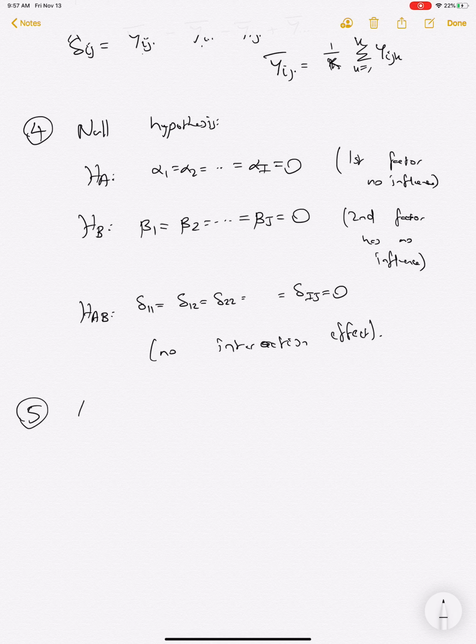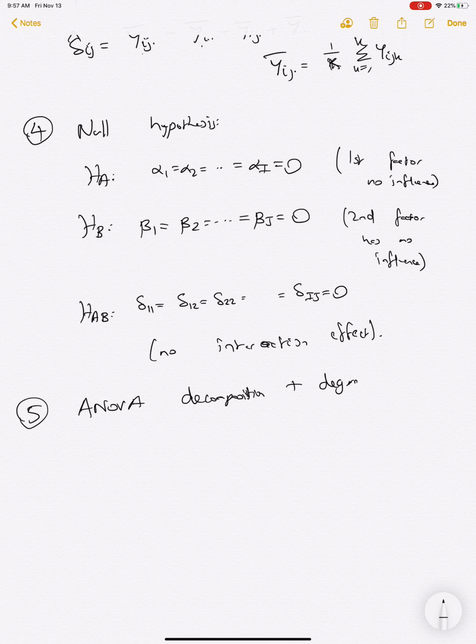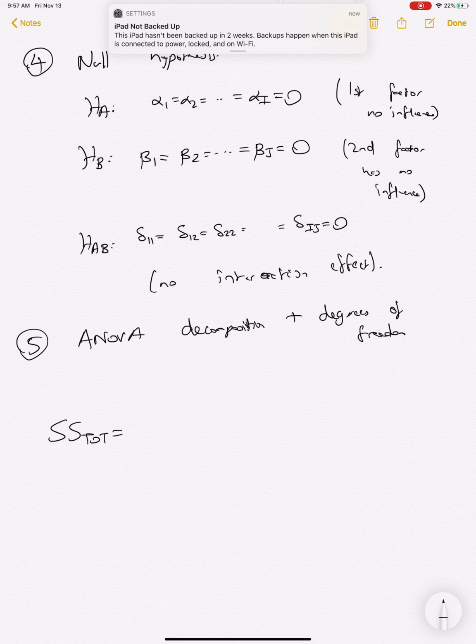Okay, and so we're going to have basically one extra term. So this is where we're going to have the ANOVA decomposition, plus degrees of freedom. It's going to be very similar, but we are again going to have one extra term.